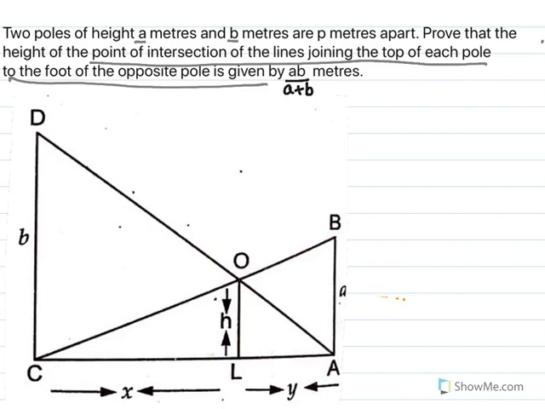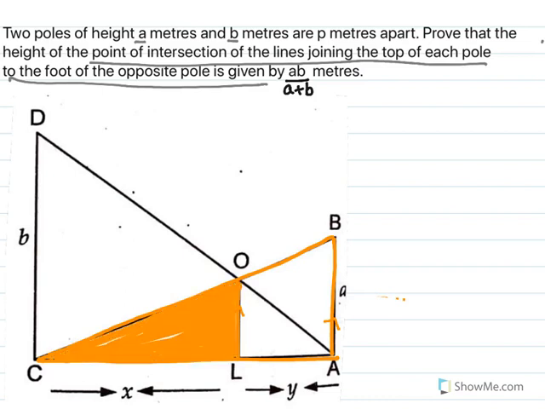In the first part of the sum, I'm going to take triangle ABC and OL. Now OL we know is parallel to BA. So we have two triangles here. One is this small triangle, this triangle COL, and then we have the large triangle.